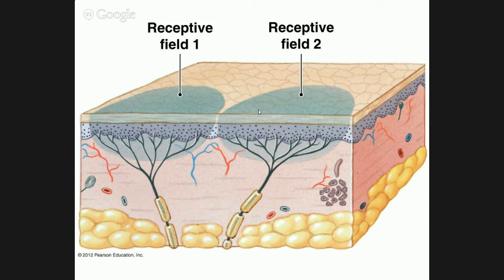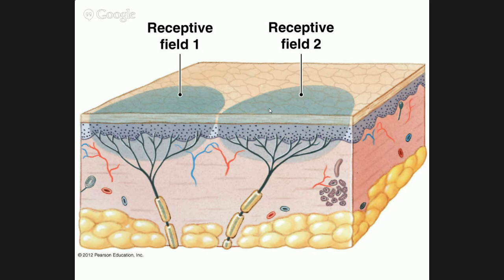Let's say we take a pair of tweezers and you pinch the tweezers together so the two tips are very close and you push them against the skin. They might feel like one thing touching your skin. We can tell when two things are touching our skin when they're touching two separate receptive fields.